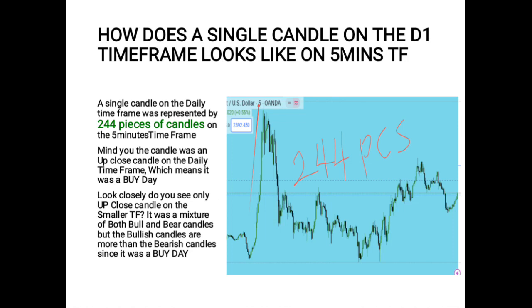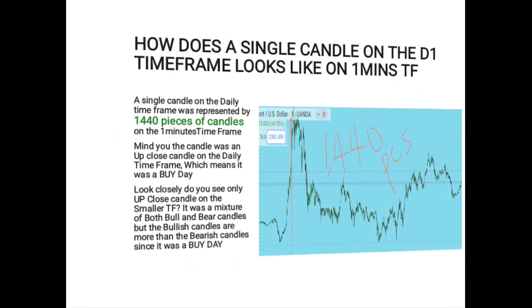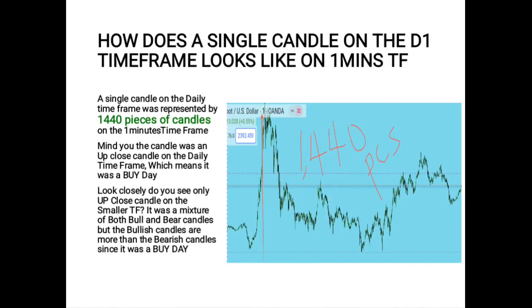So to the last one, we have how it looks on our minute charts. On the advanced chart, you can scale down to 1 second. But on our regular chart, we have 1 minute to be the end here.